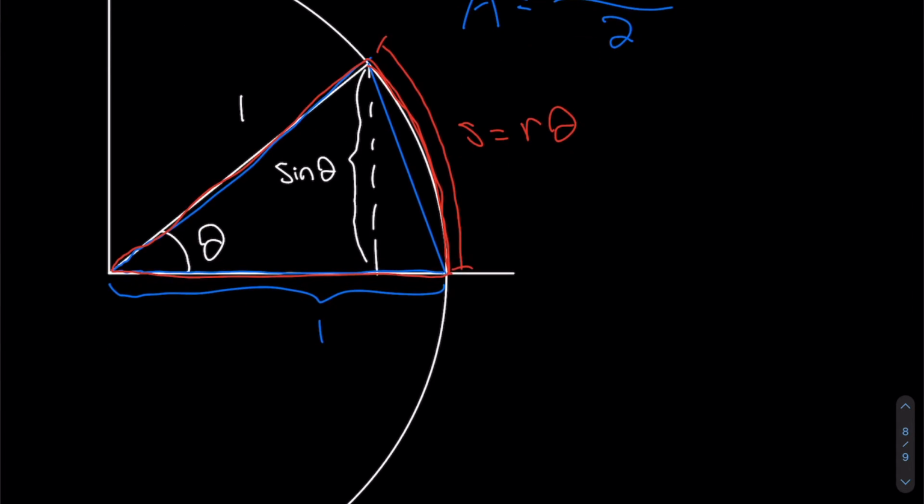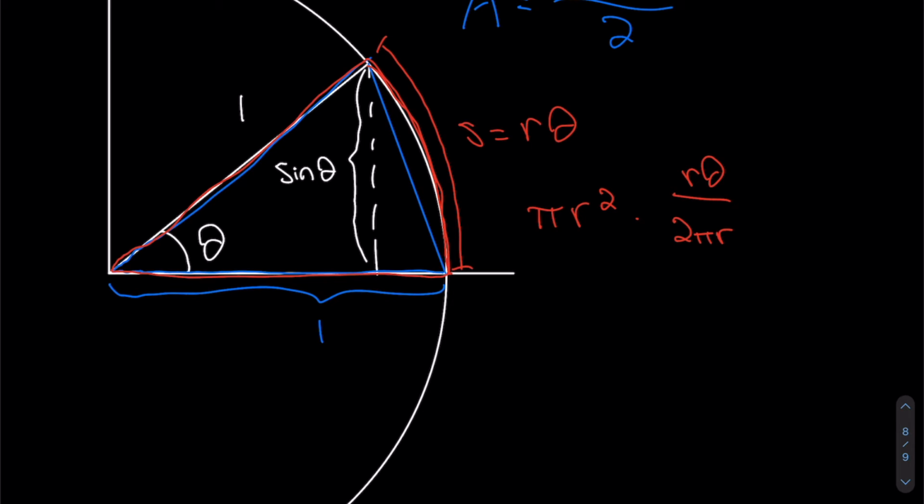So the area of this red pie slice, we can get by taking the area of the circle, which is pi r squared, and multiplying it by the proportion that the pie slice is out of the circle. To get that, we do the arc length divided by the total circumference, and the arc length is r theta. If I multiply that fraction by the area, I get the area of just that pie slice.